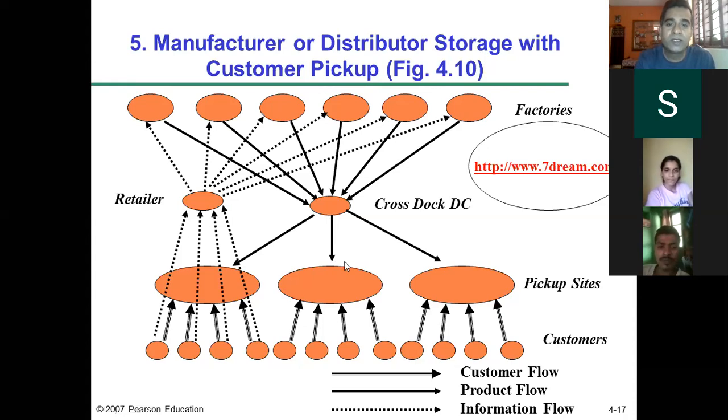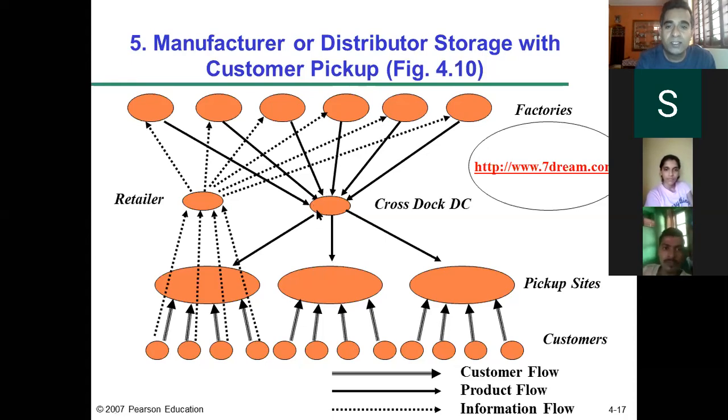On receipt of the delivery at the bakery, you will receive a notification on your mobile phone that your shipment has arrived. From your hostel you go to the bakery and pick up your product. That is exactly what is called manufacturer or distributor storage with customer pickup.